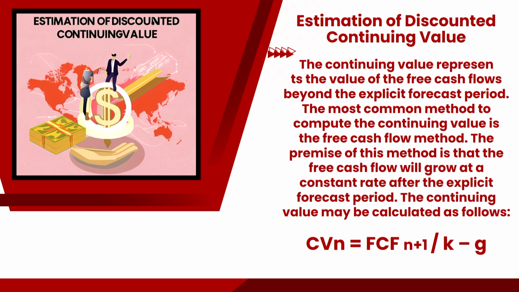That is why it is mentioned CVN is equal to FCF n plus 1. FCF n plus 1 simply represents 1 year ahead of the last forecasted period. So, CVN is calculated using this particular formula.